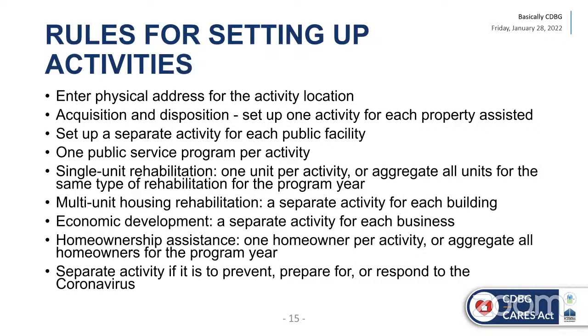And you may also have another type of service, like services for homeless people. Those are two types of service, so you need to set up two activities: one for rental assistance, which we call subsistence payment, and the other for services for homeless people.